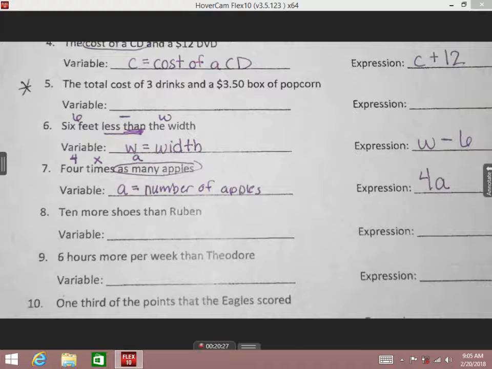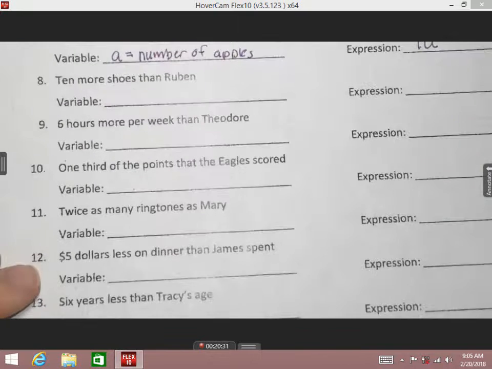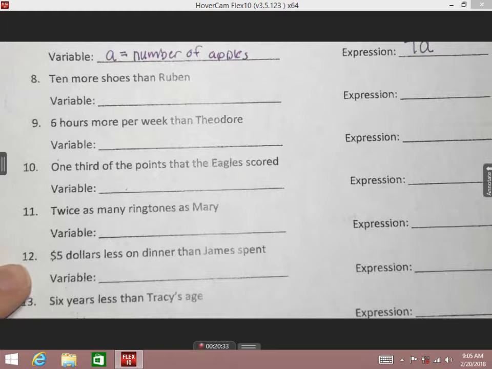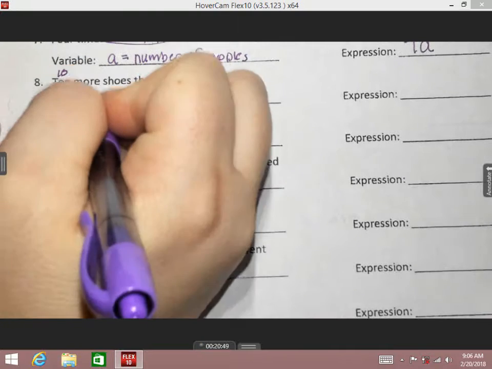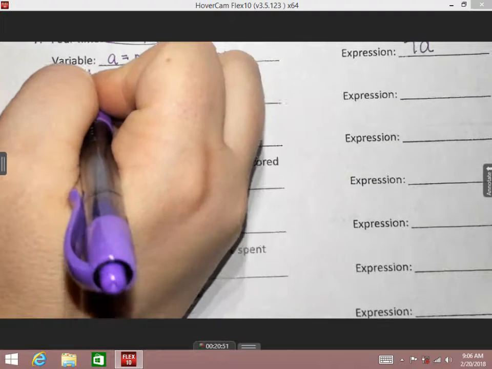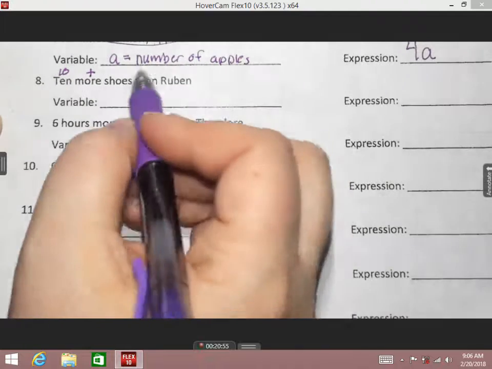Okay? All right. Number 8, 10 more shoes than Reuben. 10 more shoes than Reuben. What information are we missing? Emily? Yeah, so we have 10. So there's 10. We have more than, which is going to be adding. But do I know what we're adding it to?